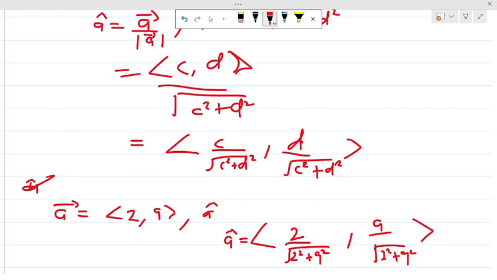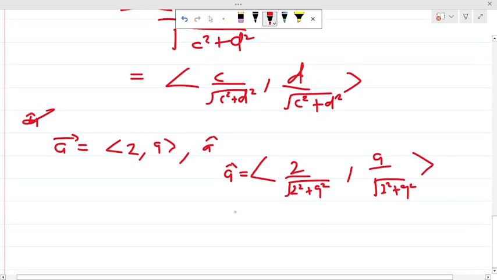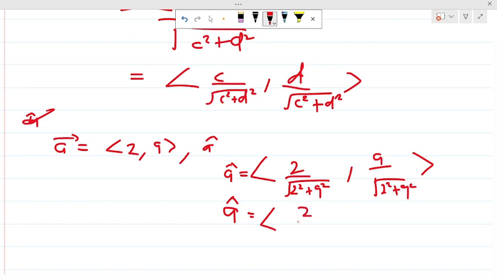Then I close the bracket. So we are going to get 2 divided by the square root of 85, comma, 9 divided by the square root of 85. That gives us the unit vector.